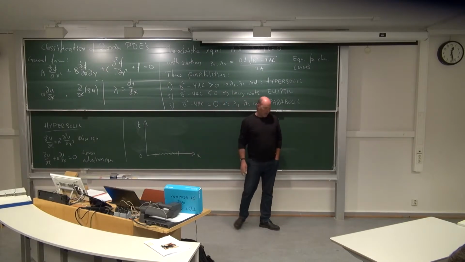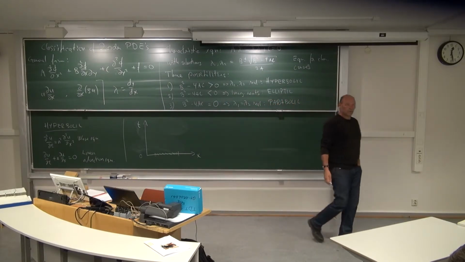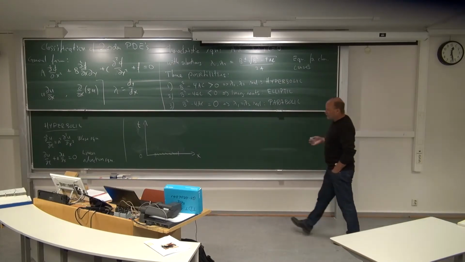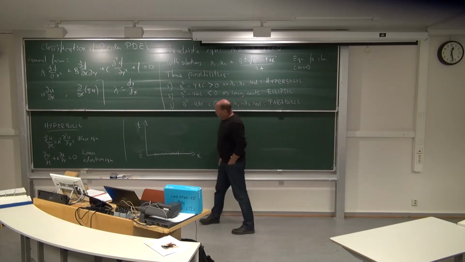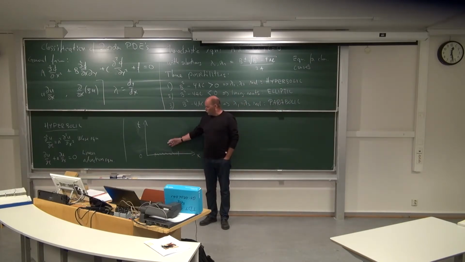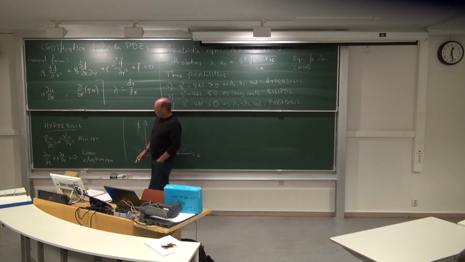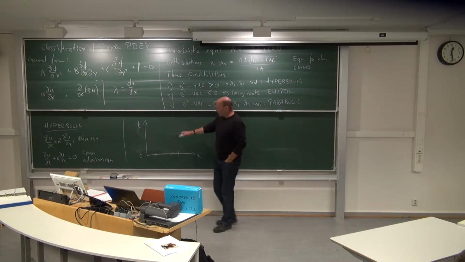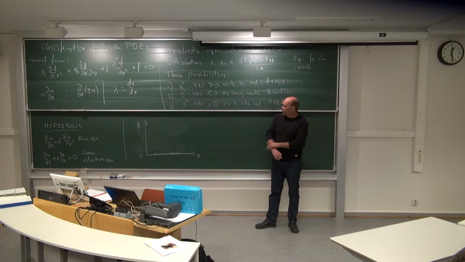So that's my initial values. I know what the signal is at these locations at time 0. Now find a solution as time goes. Find how this u changes in space and time.